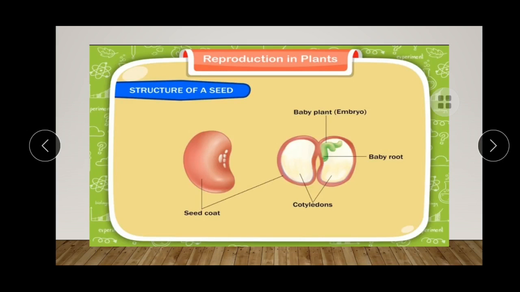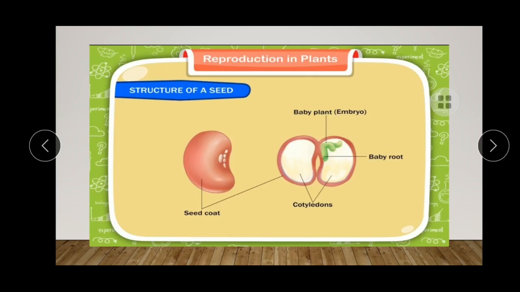Next you can see this white section. This is called seed leaves. These seed leaves are also called cotyledons. Inside the seed leaves, you can see a baby plant.